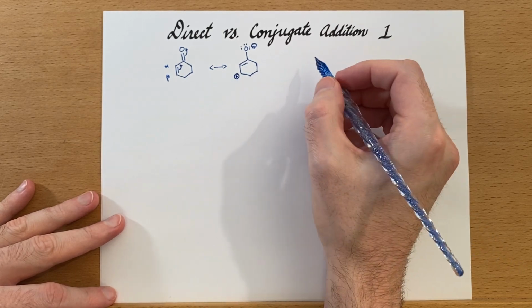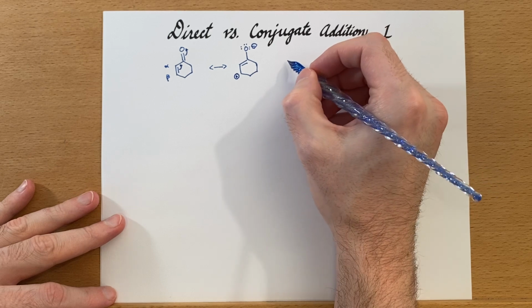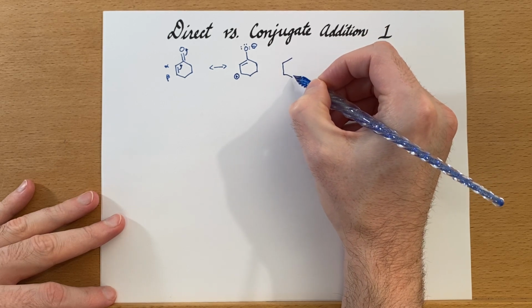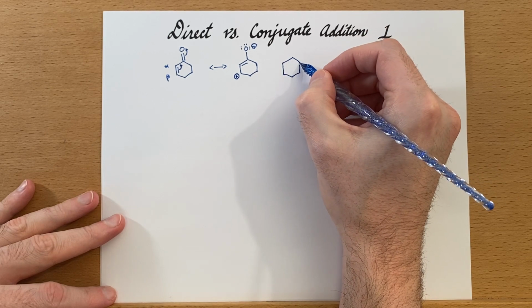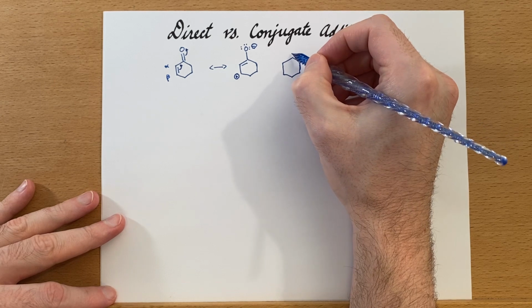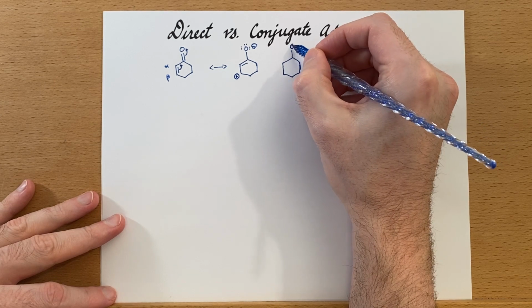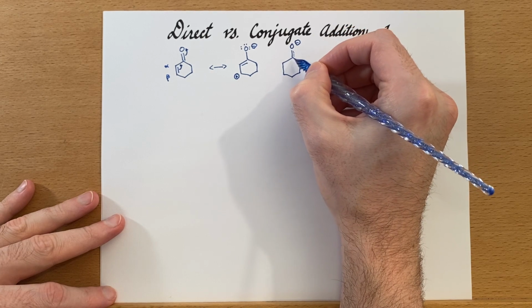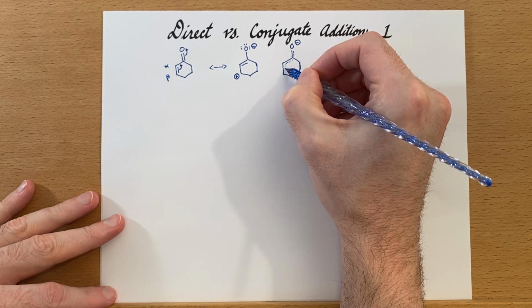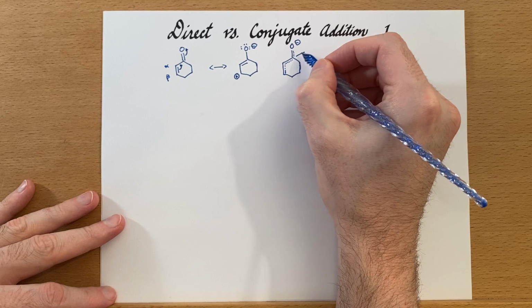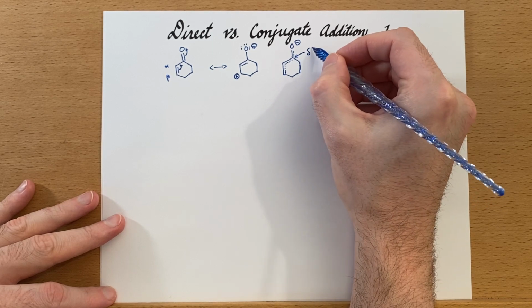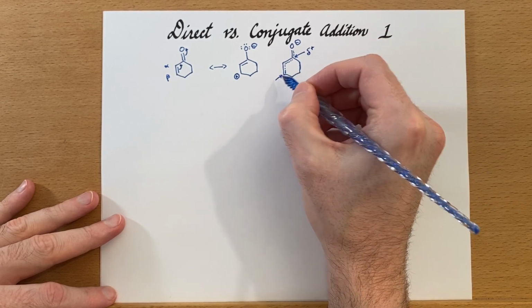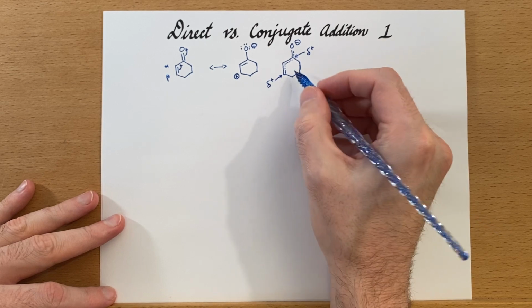So we're looking at a molecule that has two locations for a positive charge. We've got a partial positive charge right here, and a partial positive charge there.